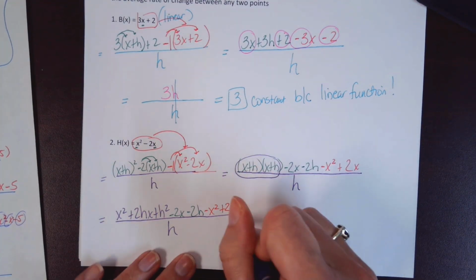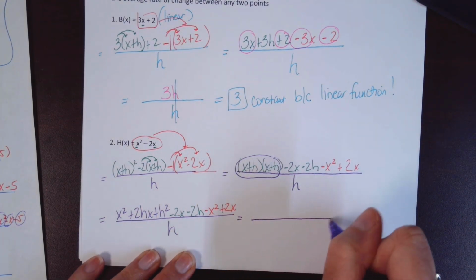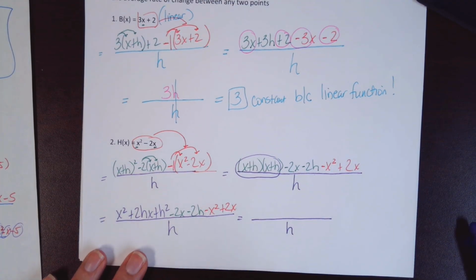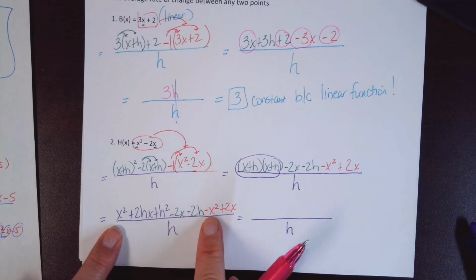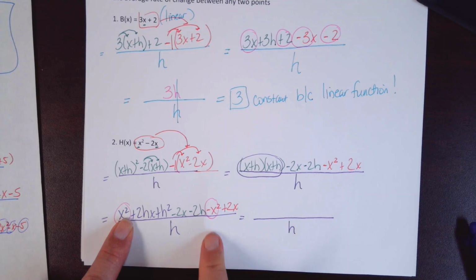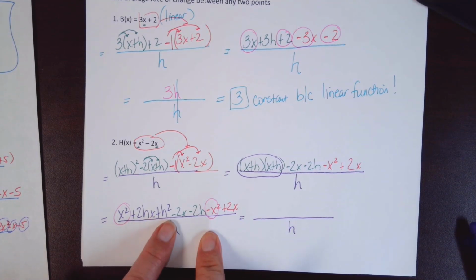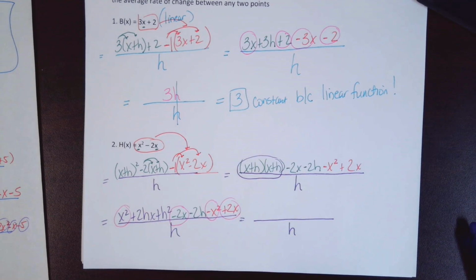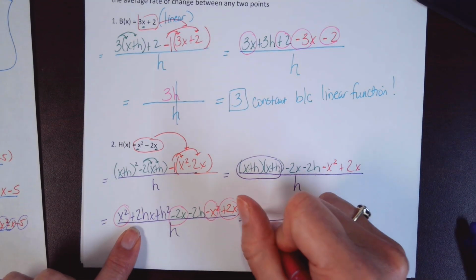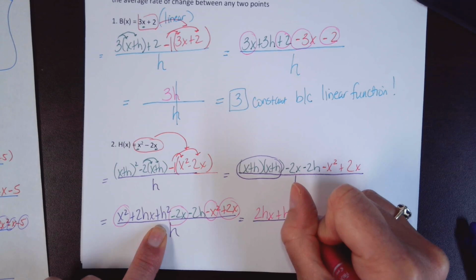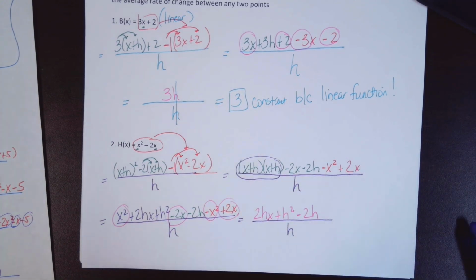Alright, next I want to pair up my additive inverses. Find the things that add to 0. Well, I've got a positive and a negative x squared. That adds to 0. I've got a positive and a negative 2x. Negative 2x, positive 2x. Add to 0. So what I'm left with is 2hx plus h squared minus 2h.